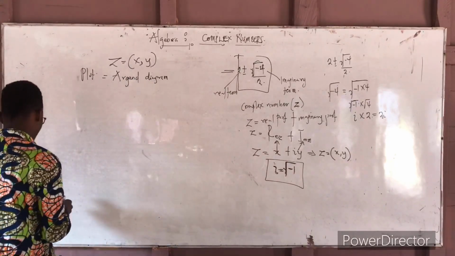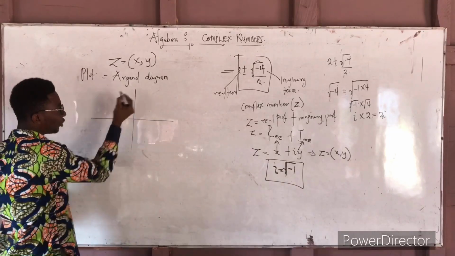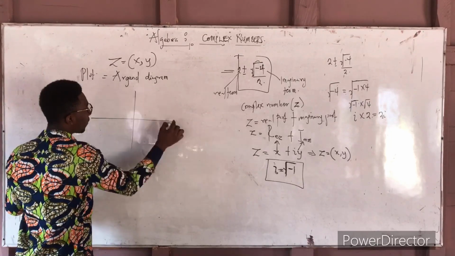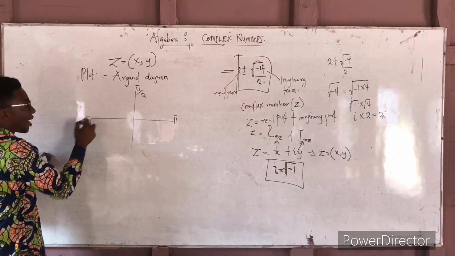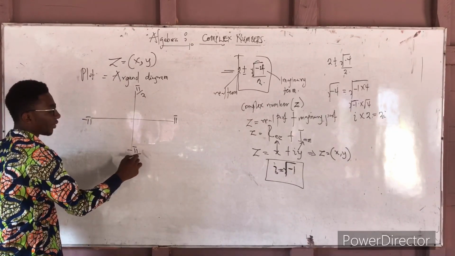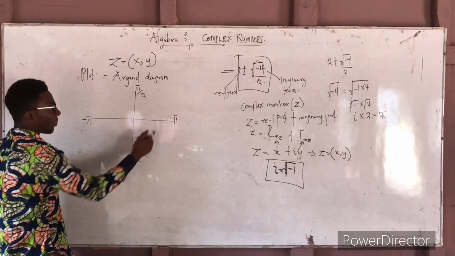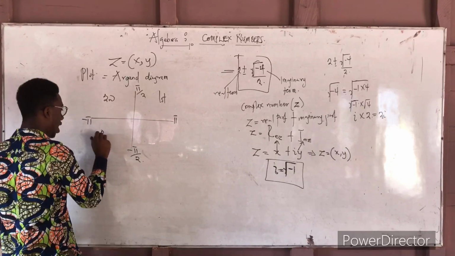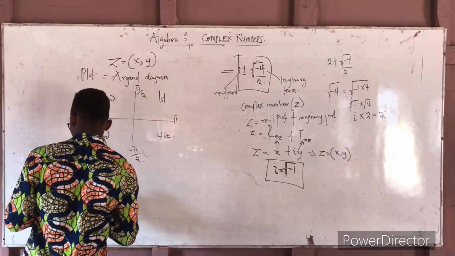This is how the Argand diagram looks. It has pi here, pi on 2 here, negative pi on this side, and negative pi on 2 on this side. So this side draws the Argand diagram, with the first quadrant, second quadrant, third quadrant, and fourth quadrant.